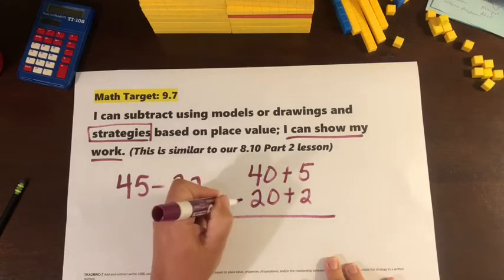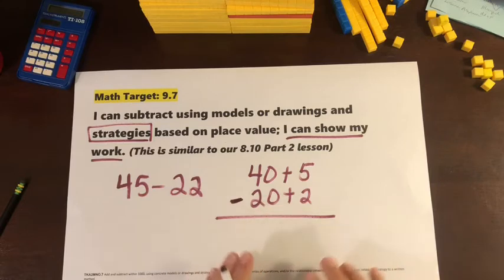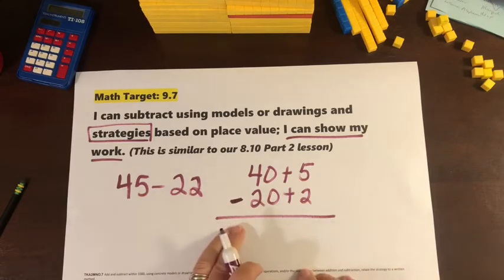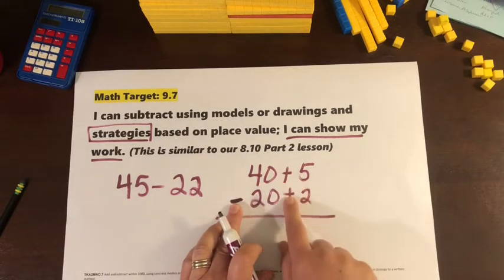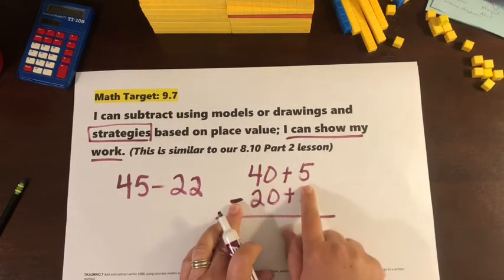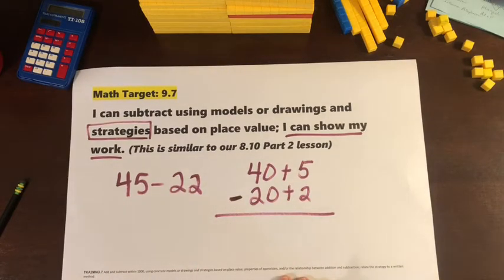And remember, the actual function of what we're doing for the math is we're subtracting. This addition in the middle of it is just letting you know what the number is. Okay, so we're subtracting out 22 from 45.